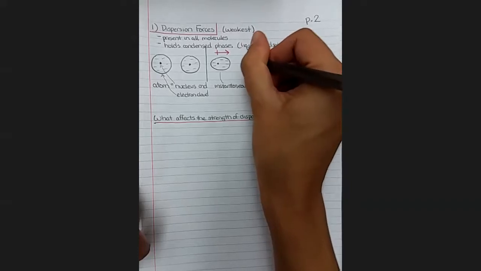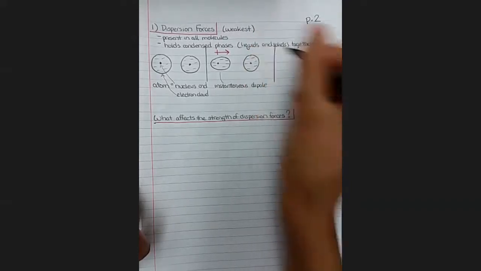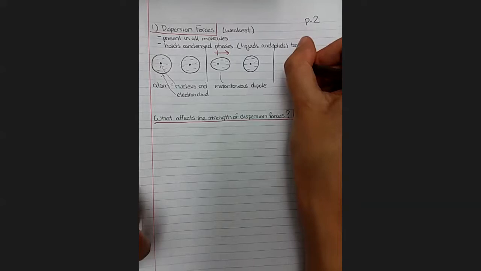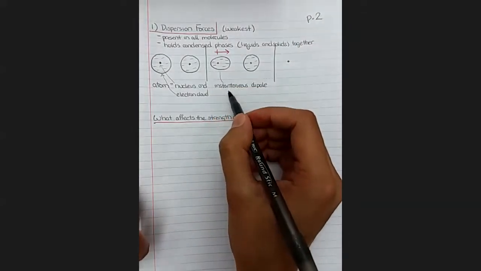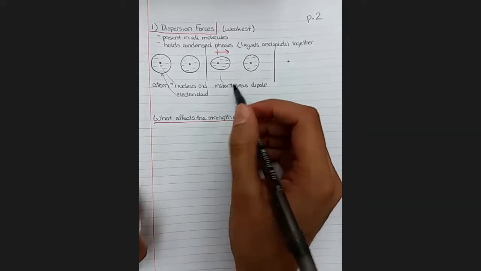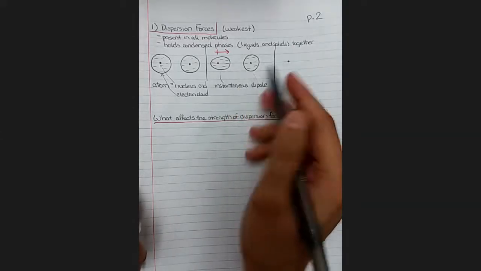Okay, and then we have our other atom. It's still over here chilling, equally distributed, going on its merry way. So when we have an instantaneous dipole form, it's a short-lived phenomenon, but it exists long enough to have an effect on its neighbors.